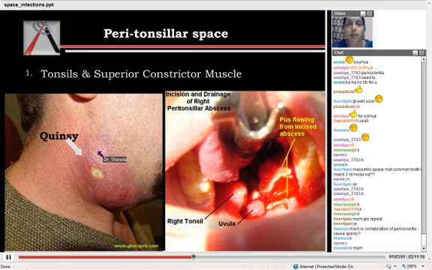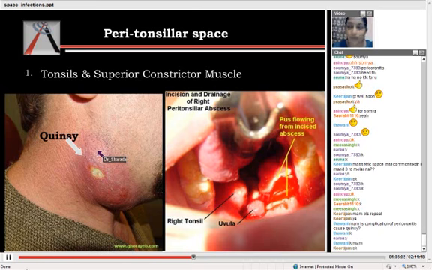The worst of the complications can even lead to meningitis. So Quinsy is peritonsillar abscess. If the patient has a pericoronal infection which is not at all treated, and it goes through the various spaces like the pterygomandibular space, from there goes to your peritonsillar space and infects your tonsil, you can have Quinsy. Okay, you can't rule out that option.